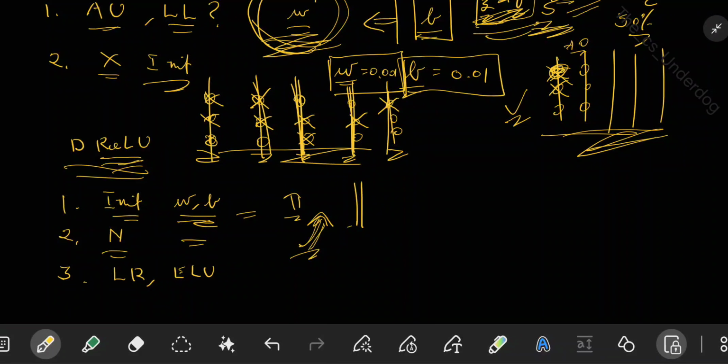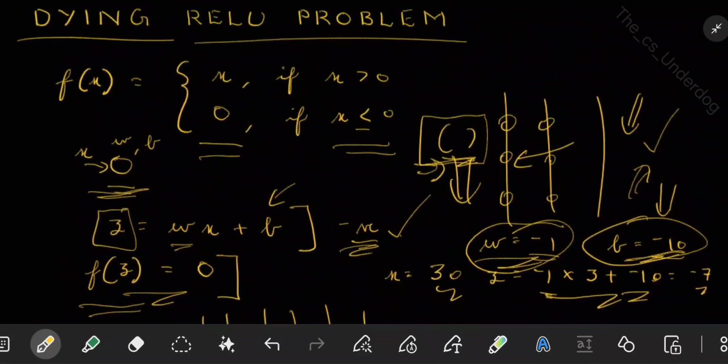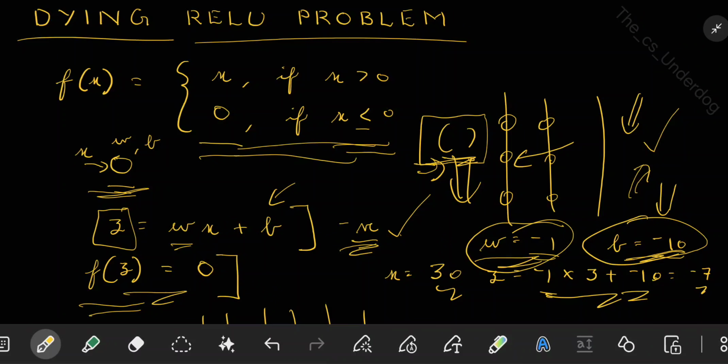These are modifications over ReLU which will help you avoid the dying ReLU scenario. Okay, so this is how you are going to avoid the dying ReLU problem. We understood what the dying ReLU problem is, how it hits, why it is never able to recover once it is hit, and what you should do in order to avoid this problem.